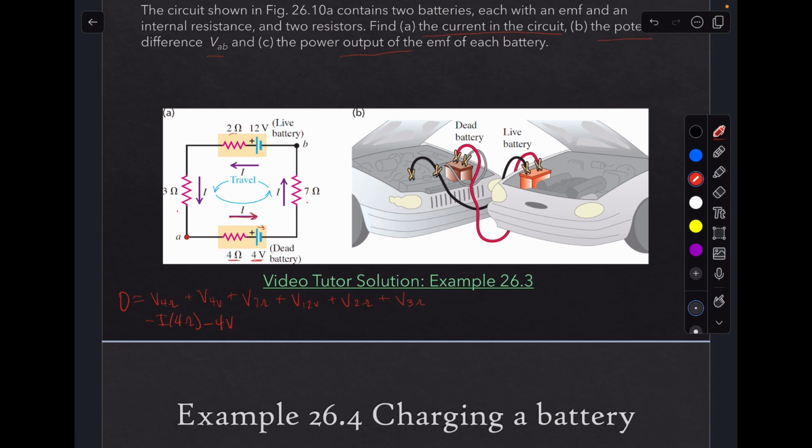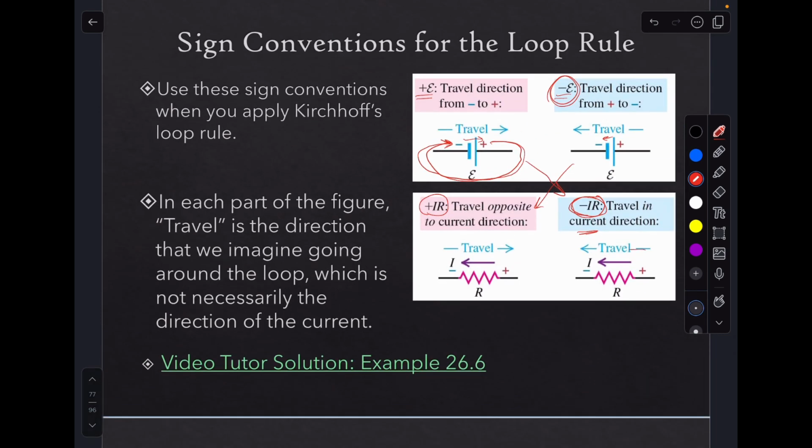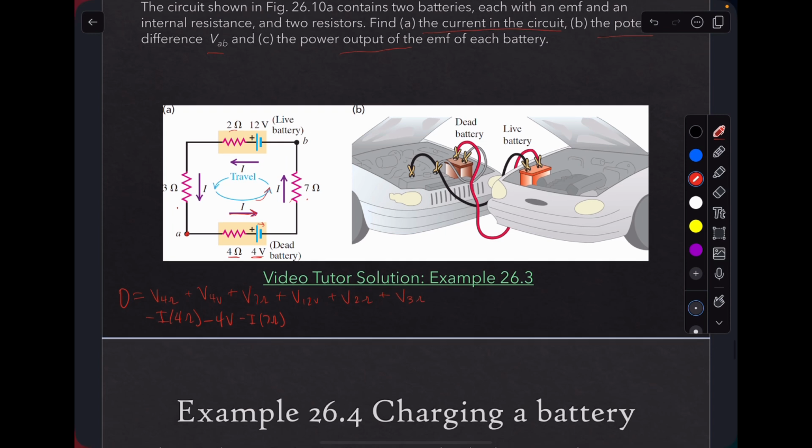And so now let's look at the 7 ohm resistor. So our current is in the direction of our travel. So for a resistor, when the travel direction is in the direction of the current, you do minus IR. So that's minus I times 7 ohms.